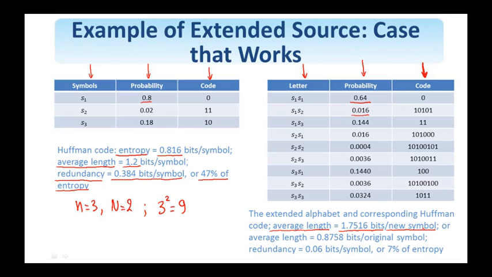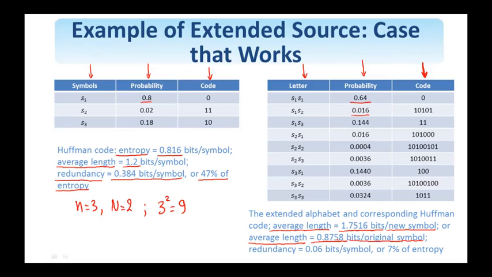And since the new symbol has 2 original symbols, I divide this by 2, so the average code word length of this code, based on the extended source, equals this, bits per original symbol.